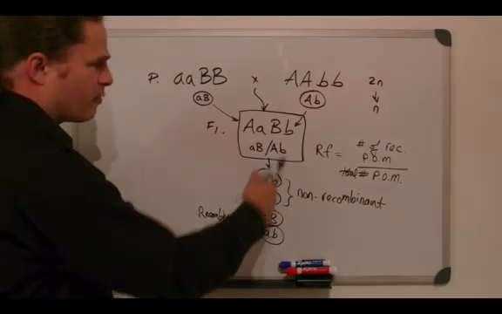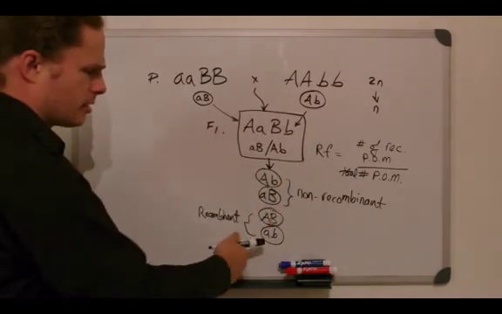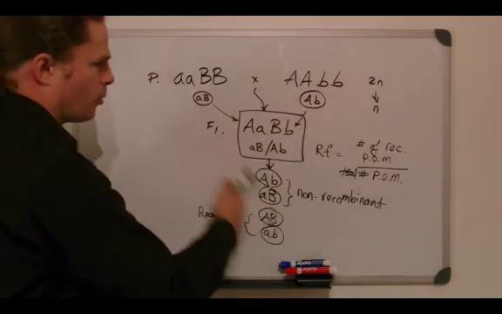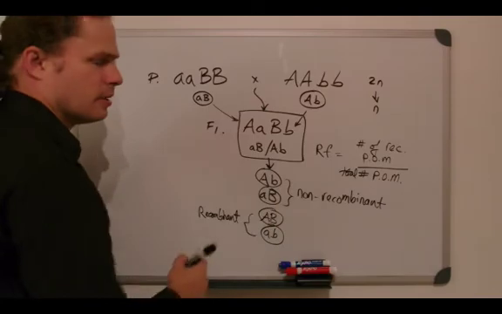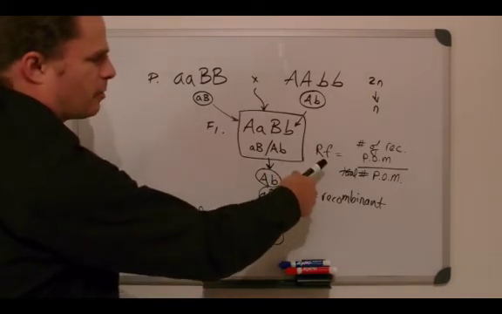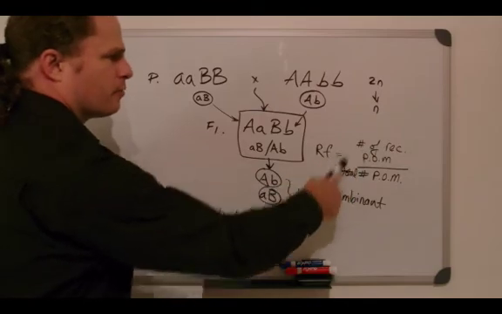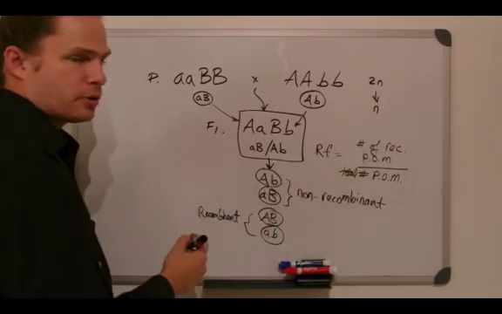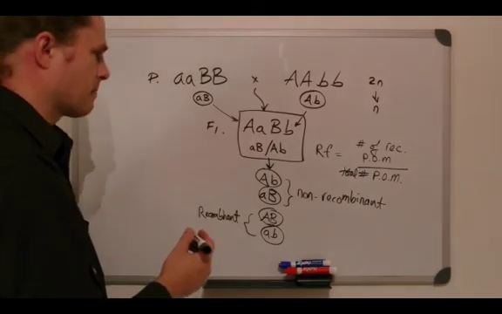Output sets that differ from either input set are said to be recombinant, and output sets that are identical to one of the inputs are said to be non-recombinant. And again, as we mentioned, the frequency of recombination is simply the number of recombinant products of meiosis divided by the total number of products of meiosis.